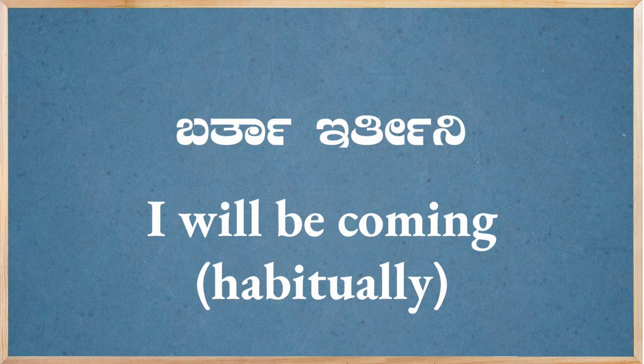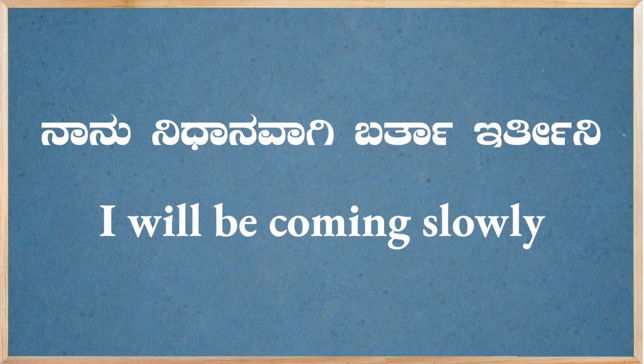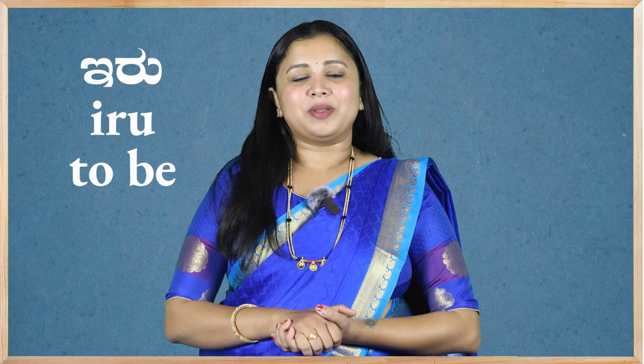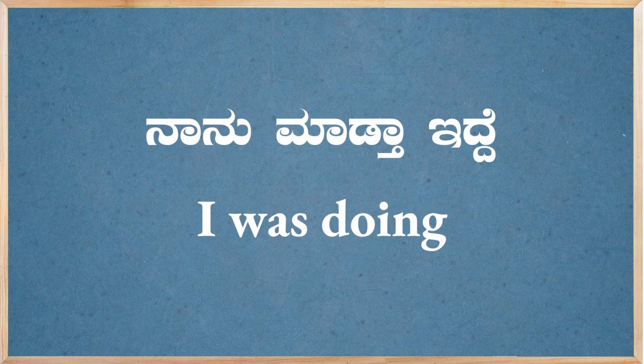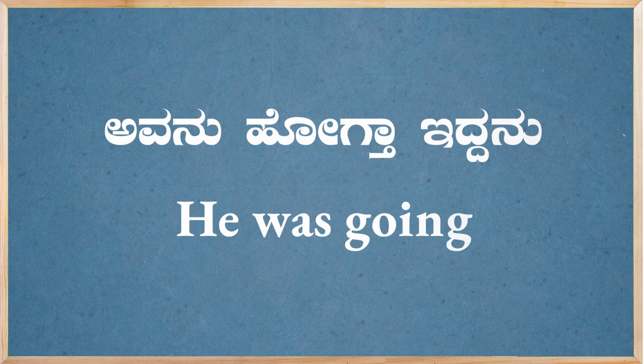Barta irtini, I will be coming habitually. Nanu nidhanavagi barta irtini, I will be coming slowly. The past continuous tense in Kannada is formed by adding the past tense form of iru, which means to be, that is idde, to the continuous form of the verb. Nanu ಮಾಡ್ತಾ ಇದ್ದೆ, I was doing. ಅವನು ಹೋಗ್ತಾ ಇದ್ದನು, he was going.